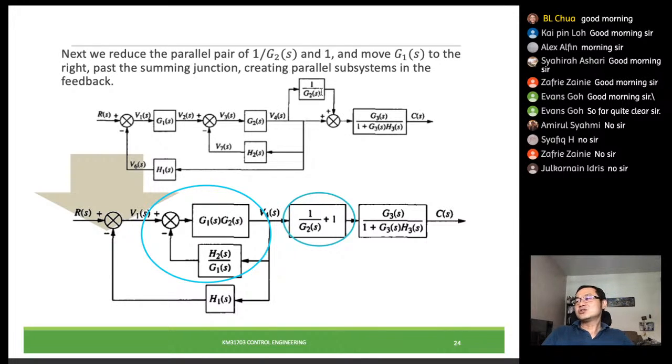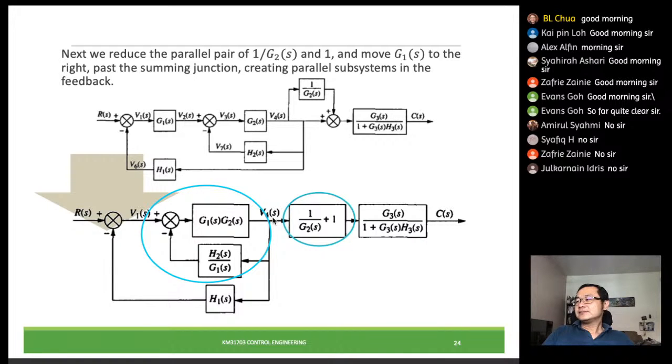So this we further simplify, removing this one into this form. Now it has become clearer, right? It's clearer now that this side, again, is a feedback control system that we can group together.